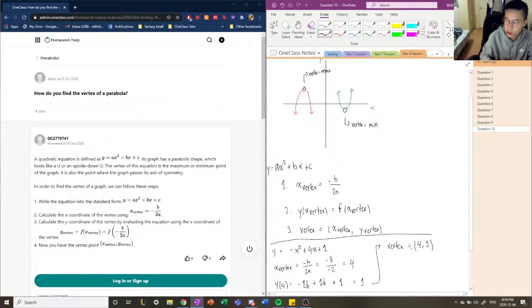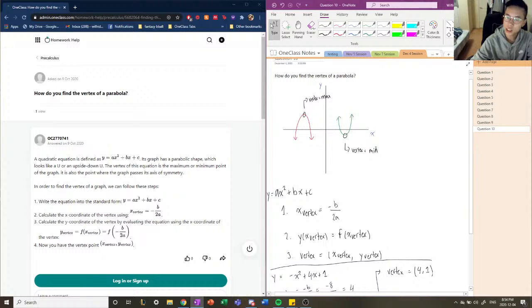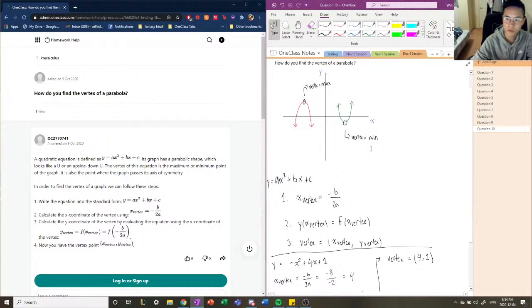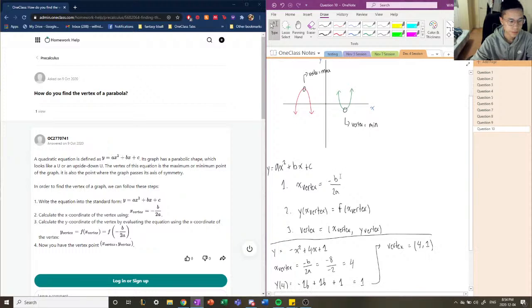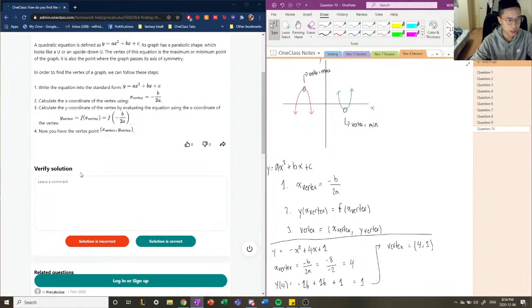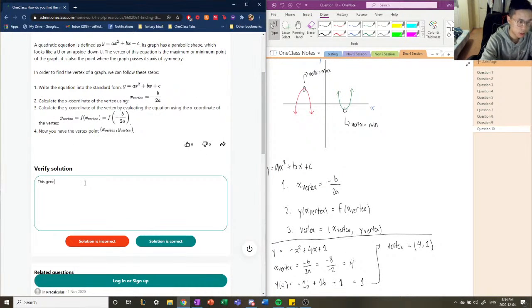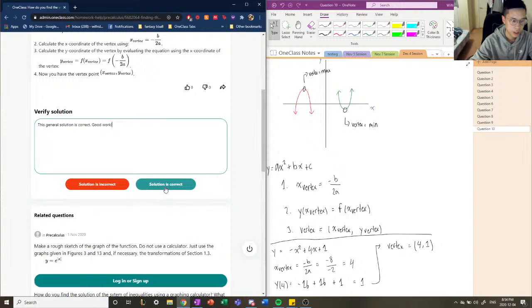Last thing to note about vertices is that a parabola always has only one vertex. It only has one maximum or one minimum. So this general solution is correct. Good work.